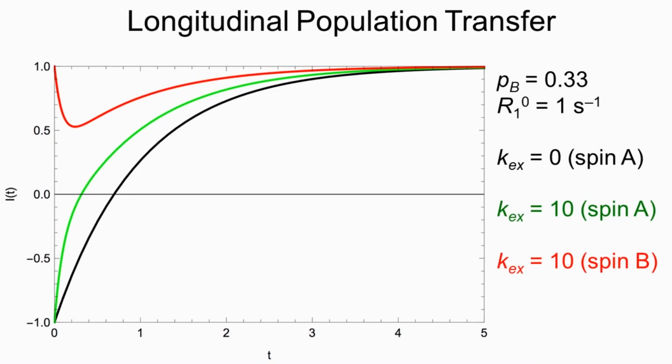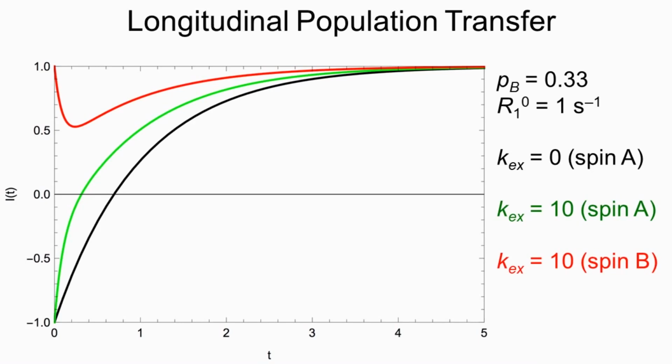But now, if we have chemical exchange with a rate constant of 10 per second, now we can say green is the recovery for spin A after inversion, and the red shows the behavior for spin B. Spin B now is perturbed away from Boltzmann equilibrium and then eventually recovers back to Boltzmann equilibrium.